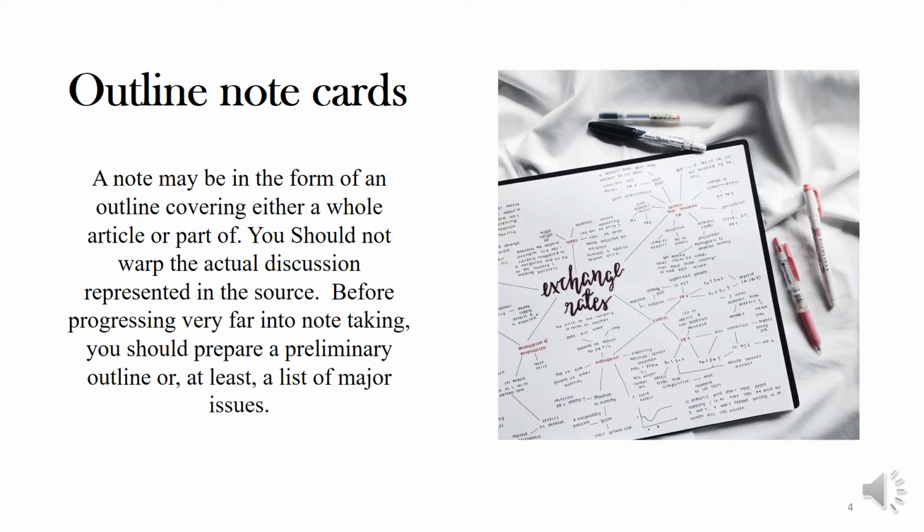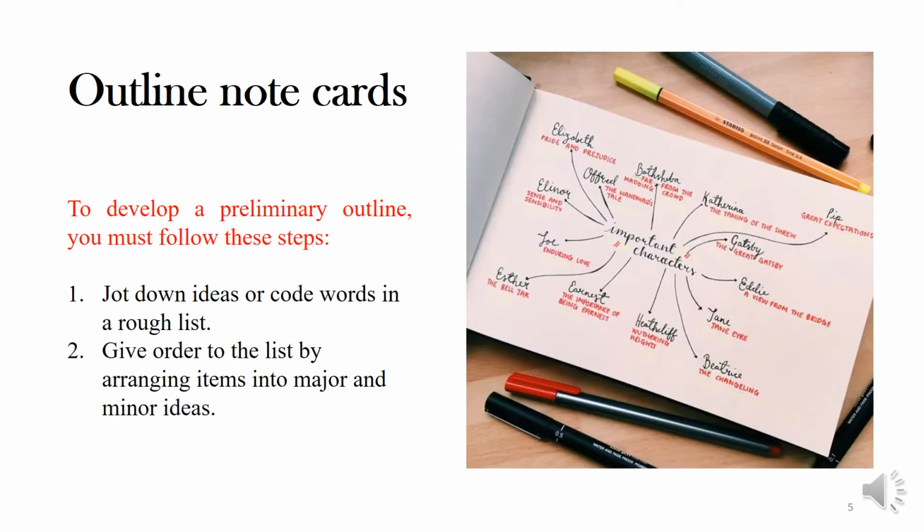Before progressing very far into note-taking, you should prepare a preliminary outline or at least a list of major issues. Okay, the issues you are going to talk about, you have to write a topic title, and so on. To develop a preliminary outline, you must follow these steps.